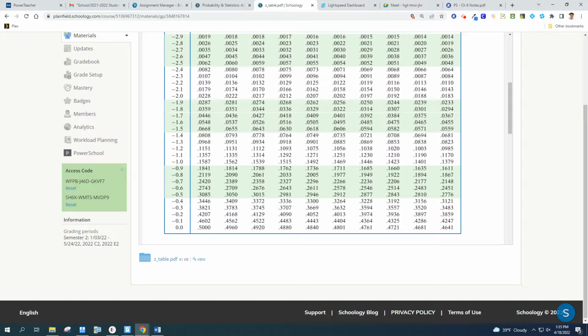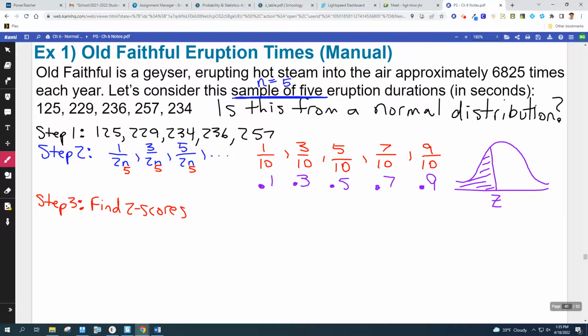Do the same thing for the other numbers. 0.3 is about in here somewhere, so we can call that negative 0.52 or so. Find the 0.5, find the 0.7, find the 0.9. We need all 5 of those numbers translated into z-scores. An area of 0.1 was negative 1.28, and an area of 0.3 was negative 0.52.